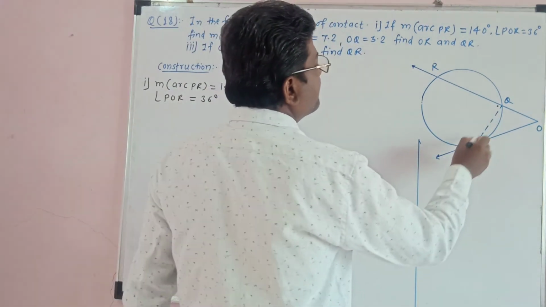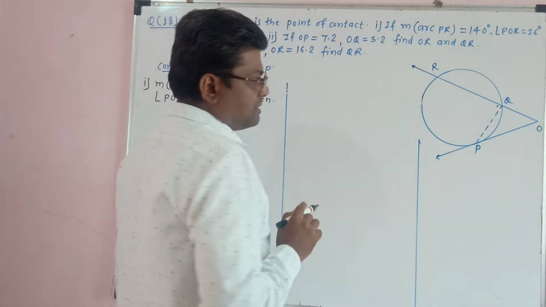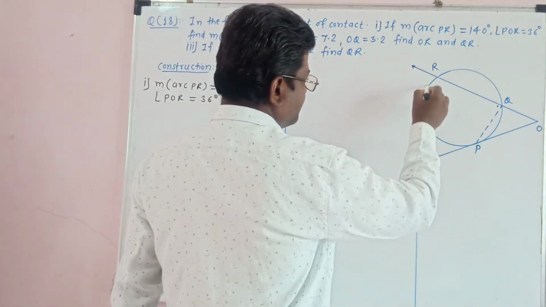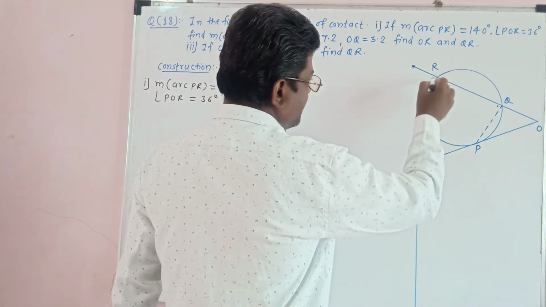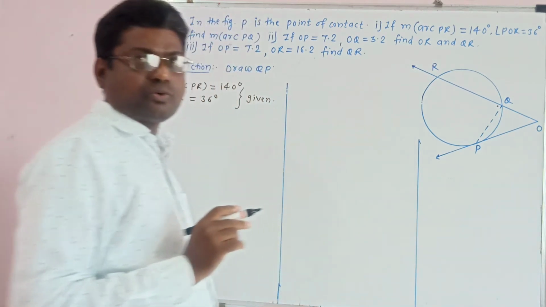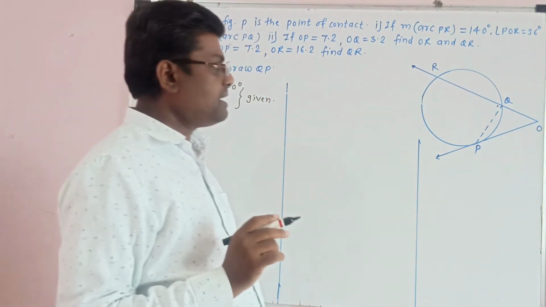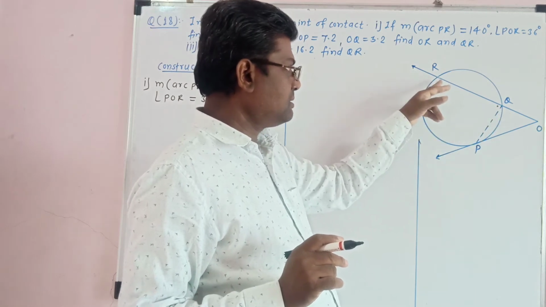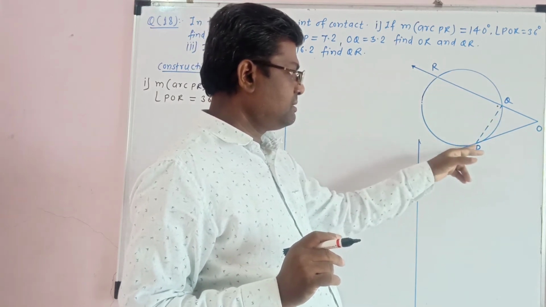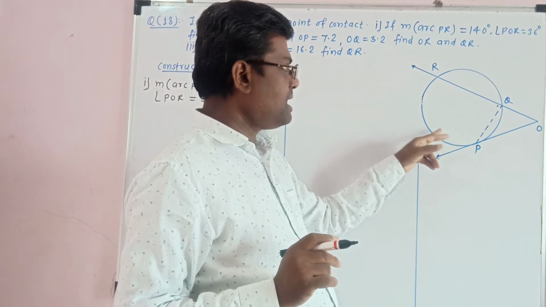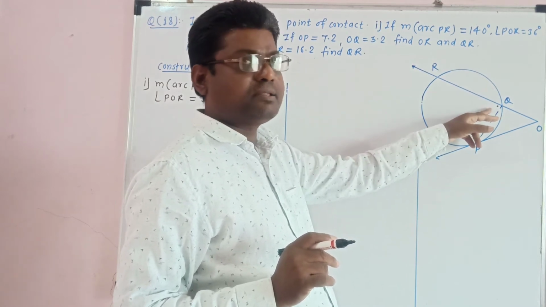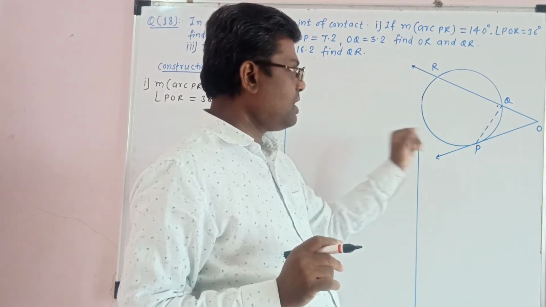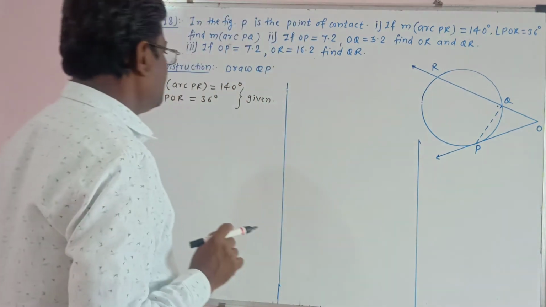This angle PQR is half of this arc PR. This is due to the inscribed angle theorem. Because angle PQR intercepts the arc PR, its measure is half of measure of arc PR.